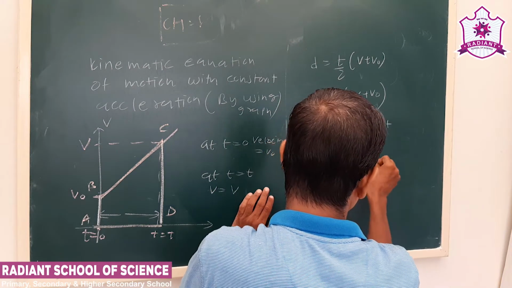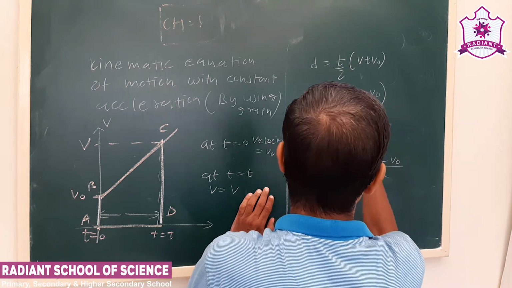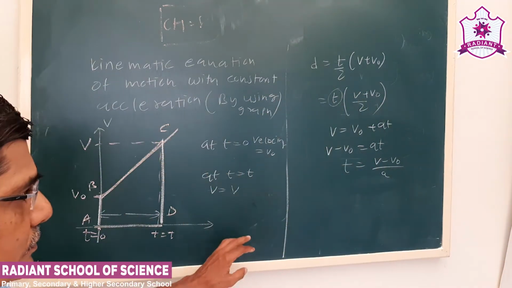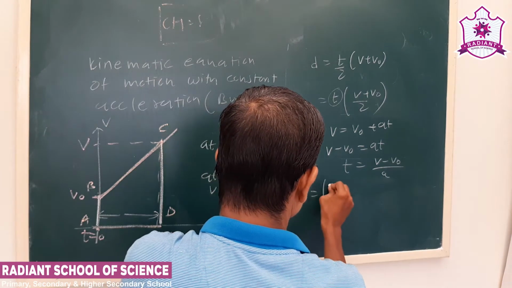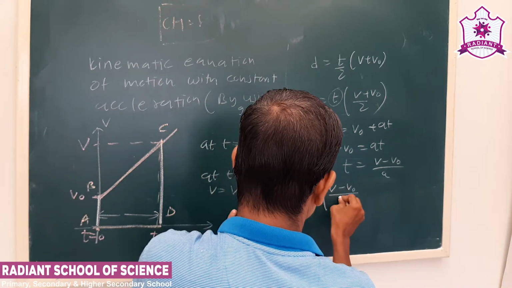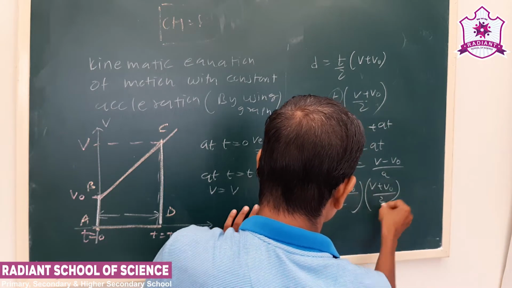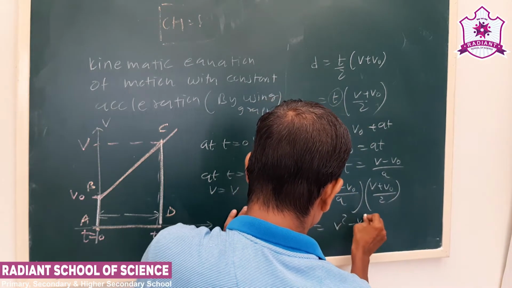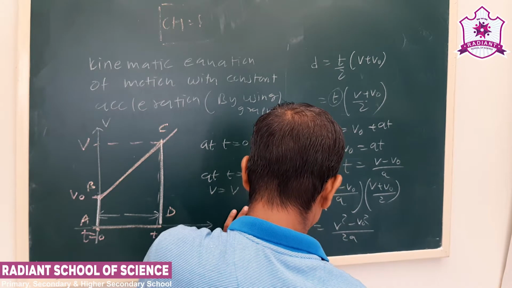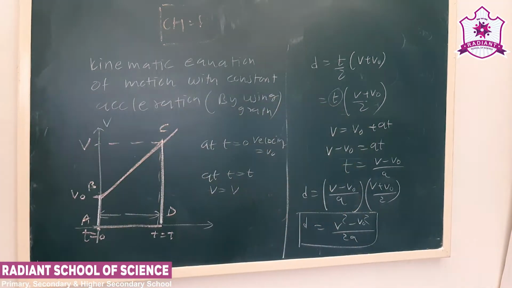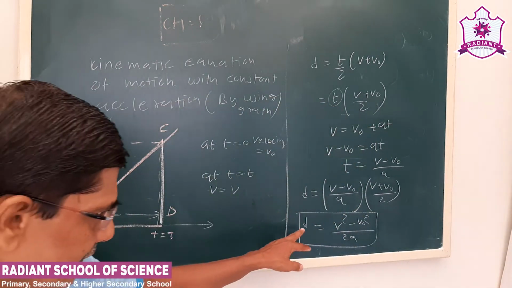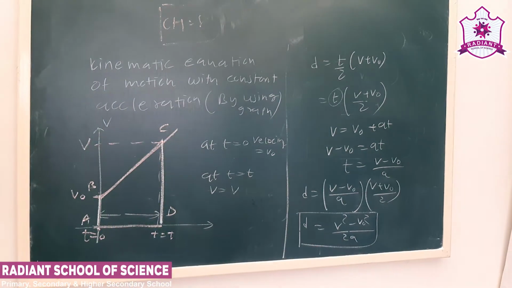So what is the value of t? Now this value I substitute here. So d is equal to, here it is v plus v0 into v minus v0 upon 2a. This is the third equation. That is d is equal to v square minus v0 square upon 2a.